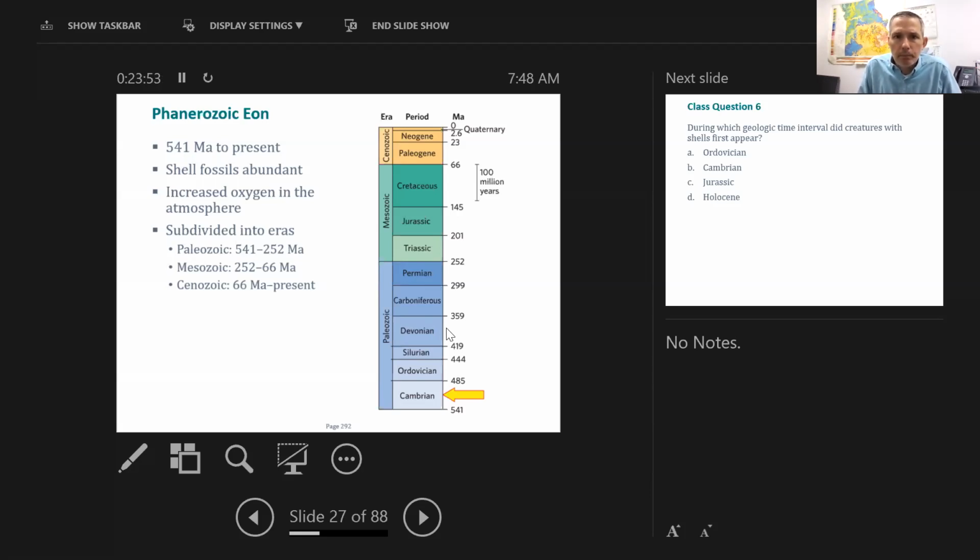The Carboniferous, carbon rich, and then the Permian, Perma, the region of Perma in Europe as well.